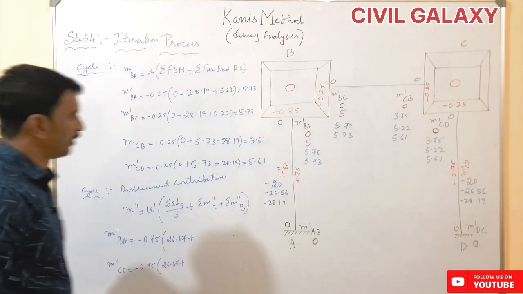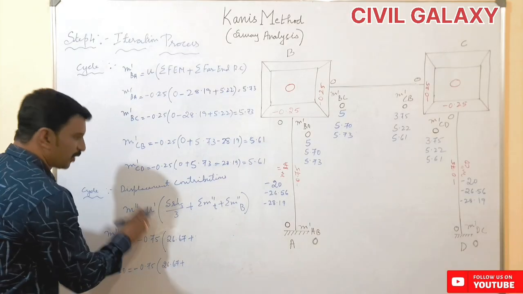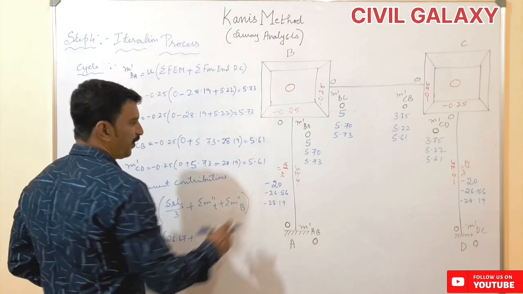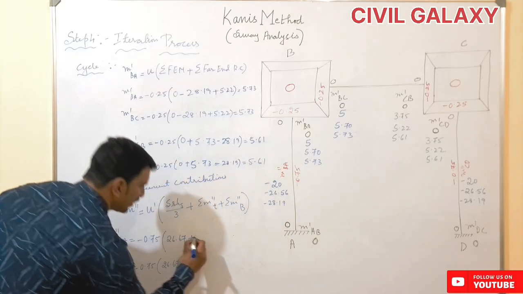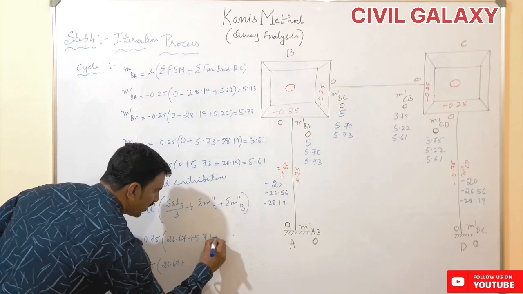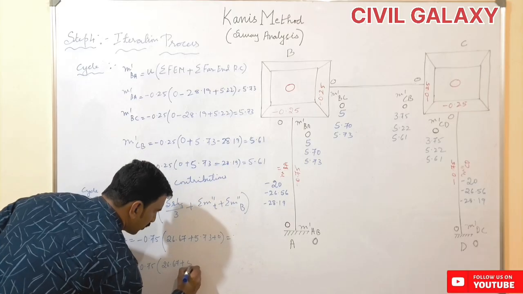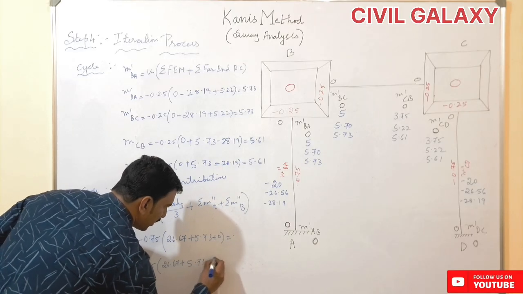Now if you want to find out the displacement contributions, here also if you take m dash BA, we are having a new value over here, which is 5.73 plus 0. Here also 5.73 plus 0.